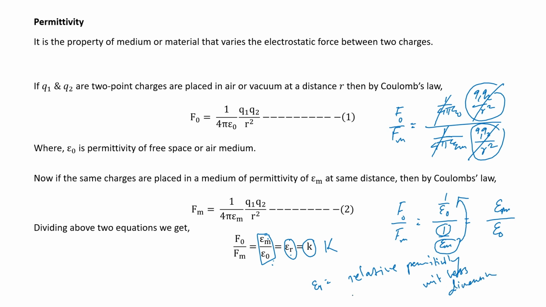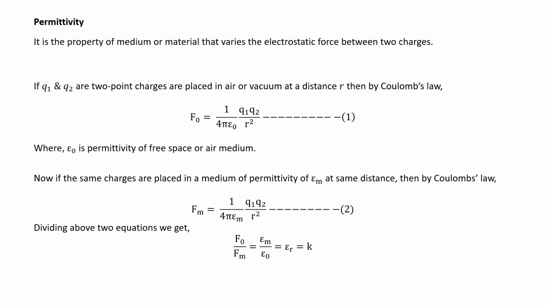So capital K or epsilon r have different names: epsilon r is called relative permittivity, and K is called dielectric constant.